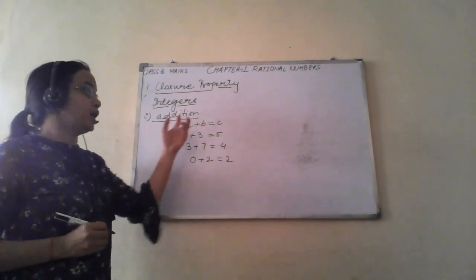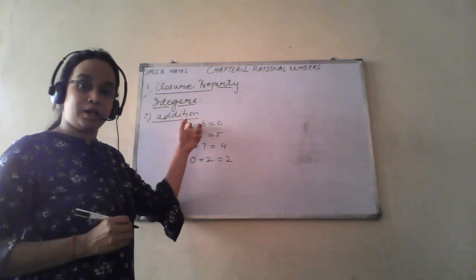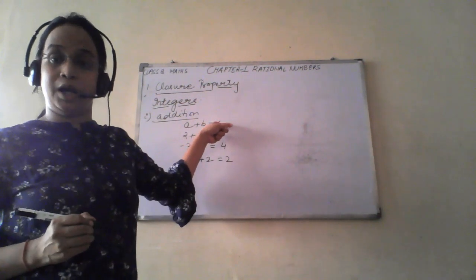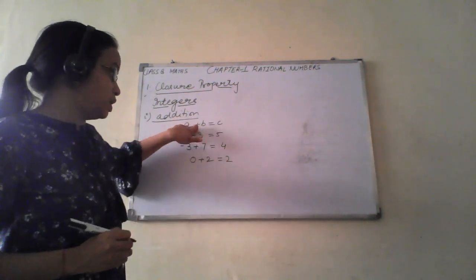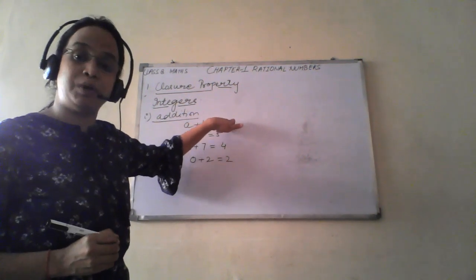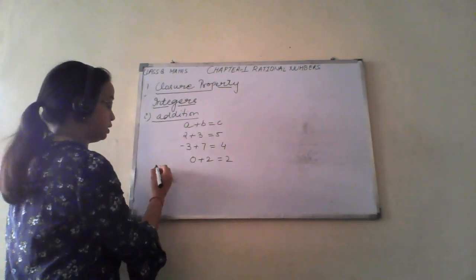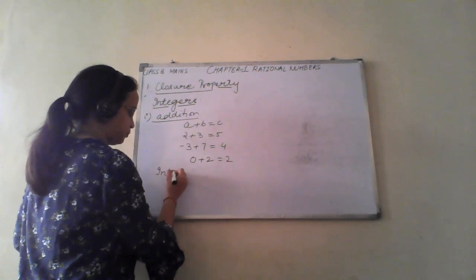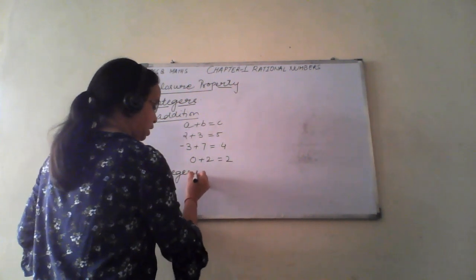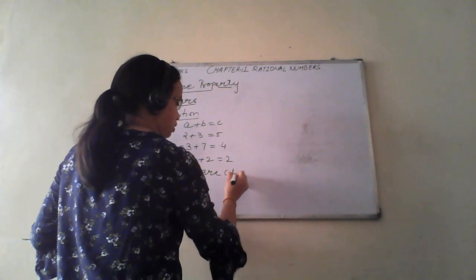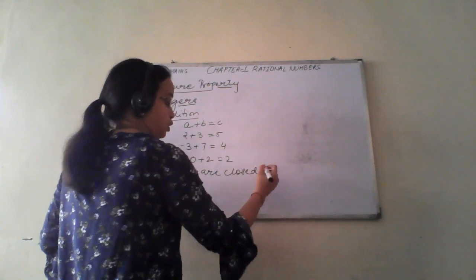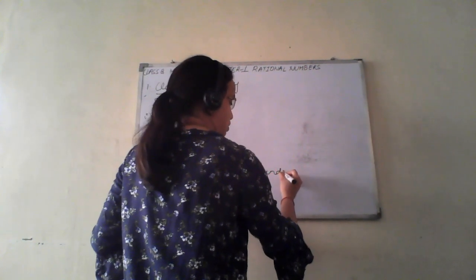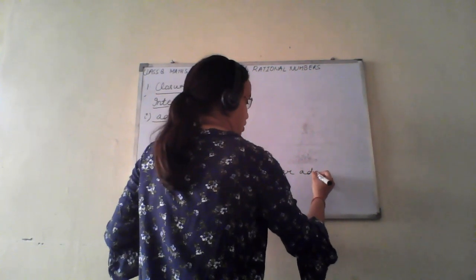It means if we add two integers, the resultant will always be an integer. So it is said that integers are closed under addition.